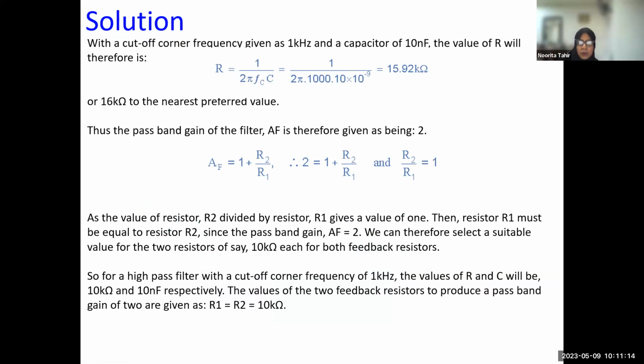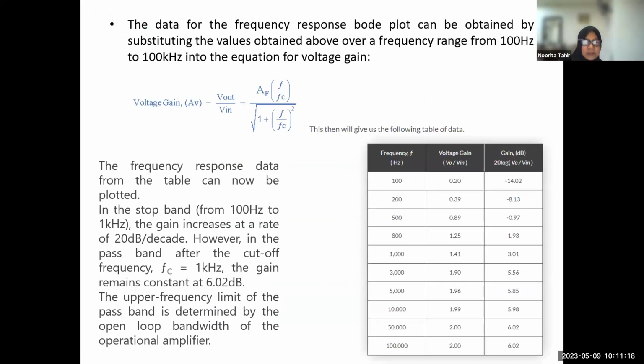So if we assume both as 10 kilo ohm, you will have your voltage gain plots as such. We know that the voltage gain Vout over Vin is the feedback over all this.